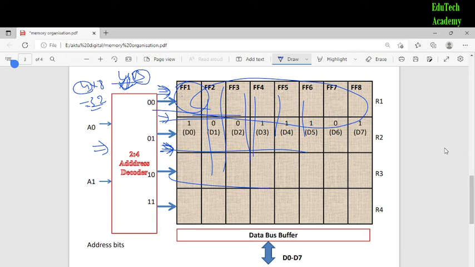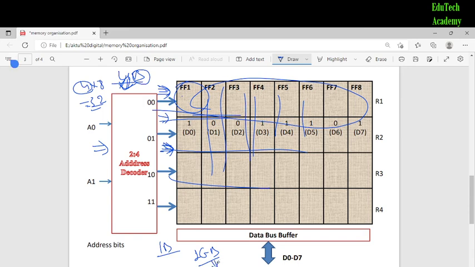Memory has more than one register, depending on the size of the register, and each register can store data depending on how many flip-flops are connected in that row. For example, let's say we have a memory that has 1 GB capacity.